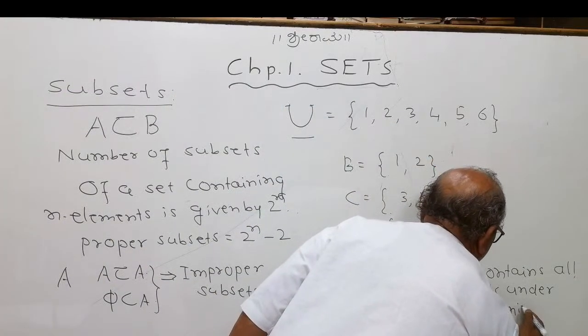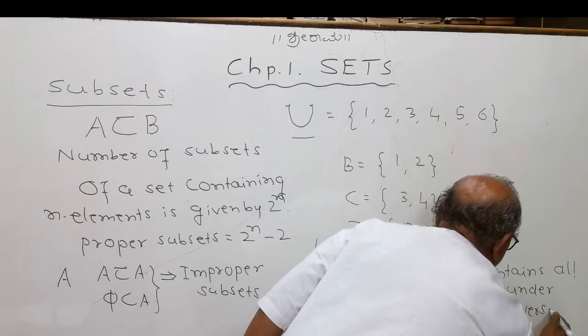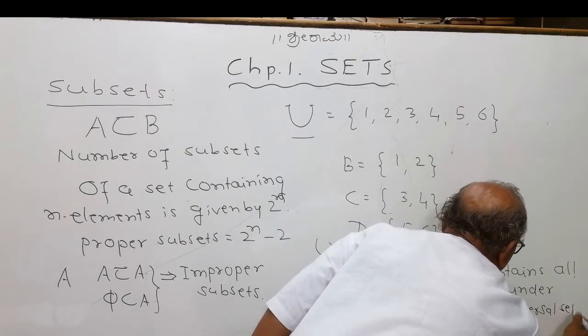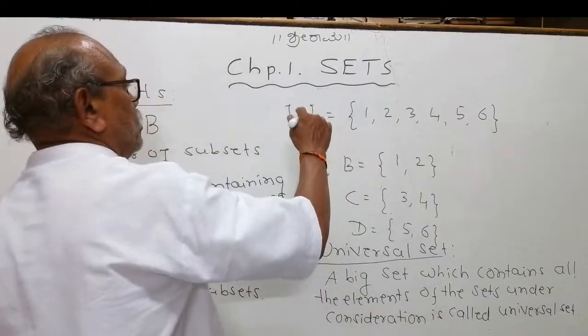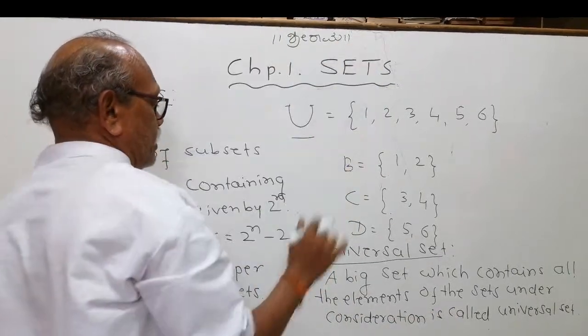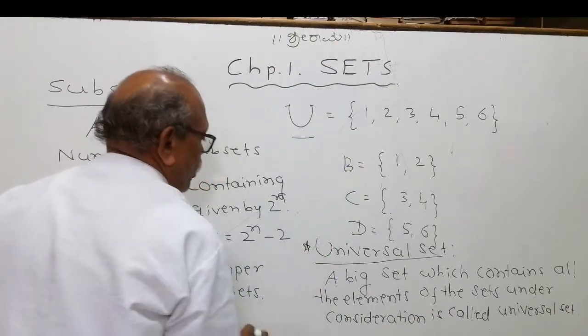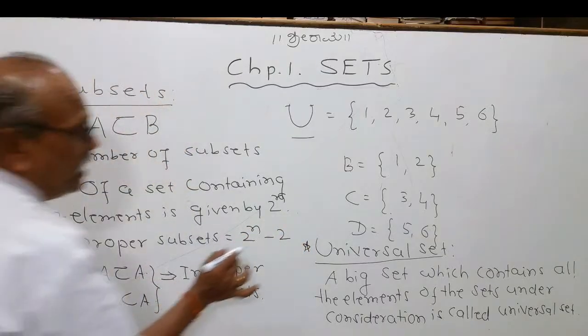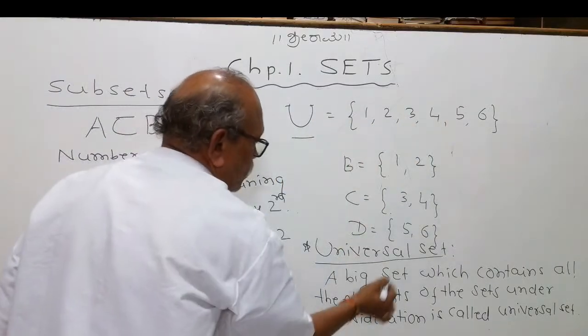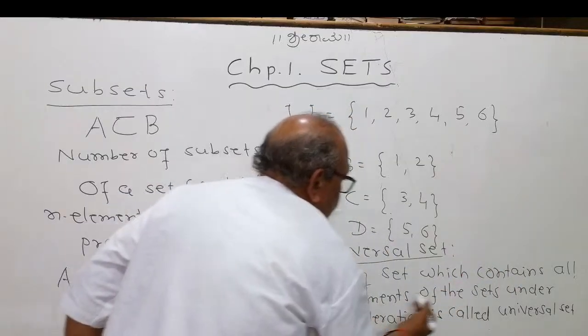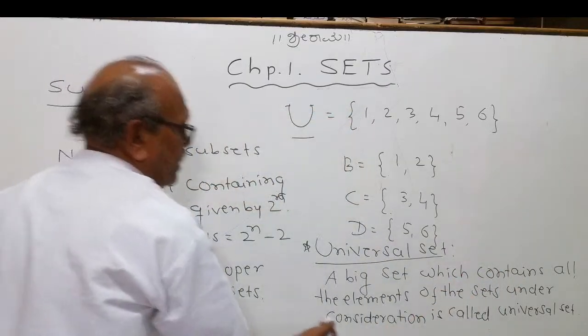Now, a universal set is not a set of all the sets of the universe. Don't consider it like that. The point you have to know is that it is a big set which contains all the elements of the sets under study, under consideration.